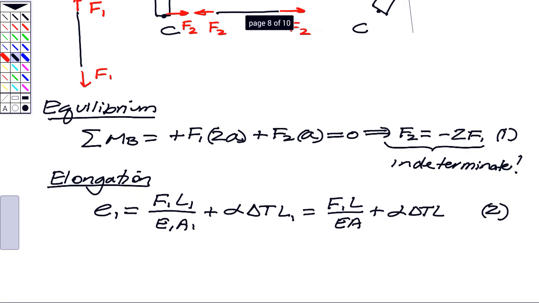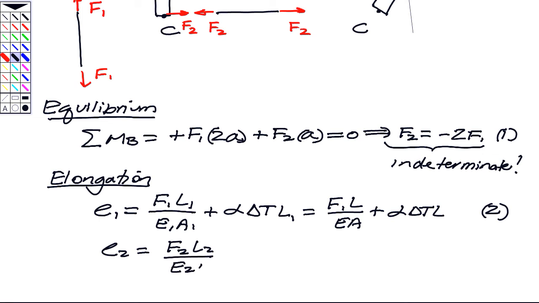The elongation equation for segment 2 will just be that due to the axial load. We know there's no temperature change, so there's no thermal expansion or contraction term there. So this becomes F2 L, and of course EA there on the bottom. So that's my third equation.